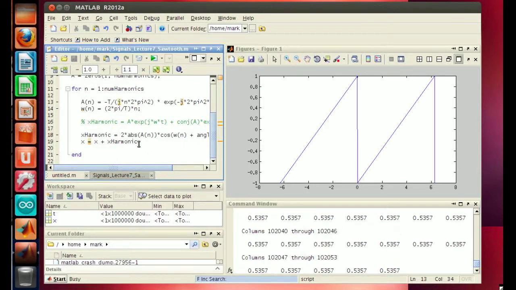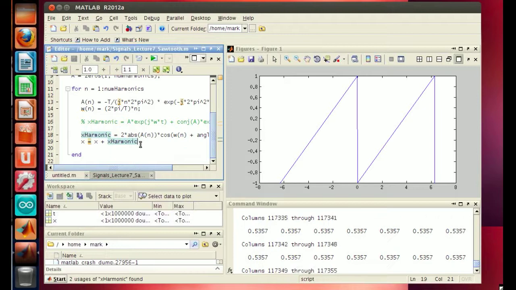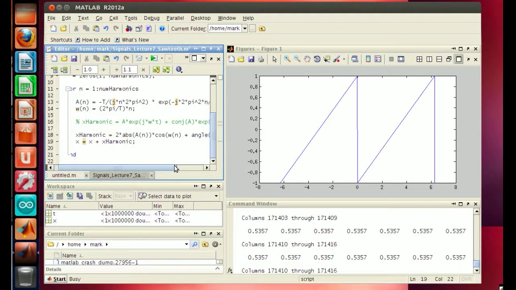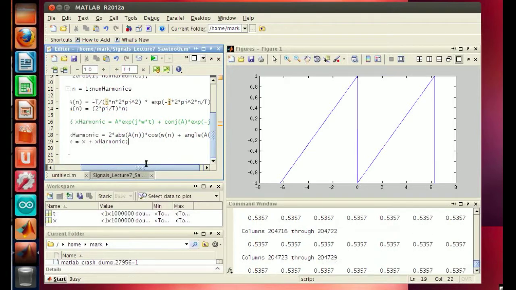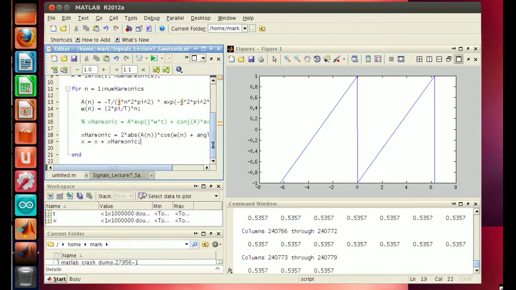Okay? So if I want to reconstruct it, I need to find every single value of A for every single harmonic that I'm looking at. So I'm going to use a for loop, and I'm going to go from 1 to the number of harmonics. I'm going to say that particular value of A is equal to, I left things in terms of the period, but you'll see there's always going to be a 2 pi that cancels out.